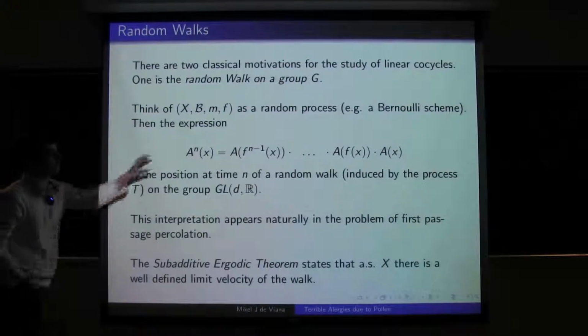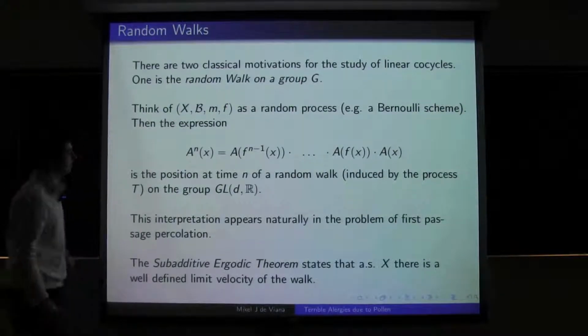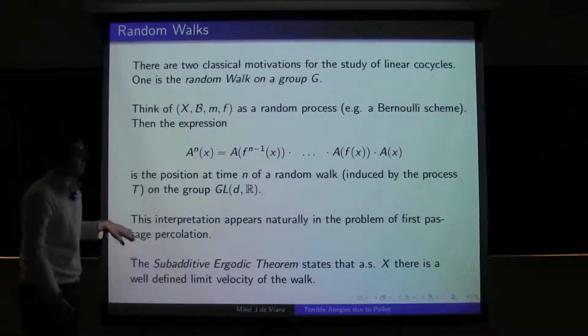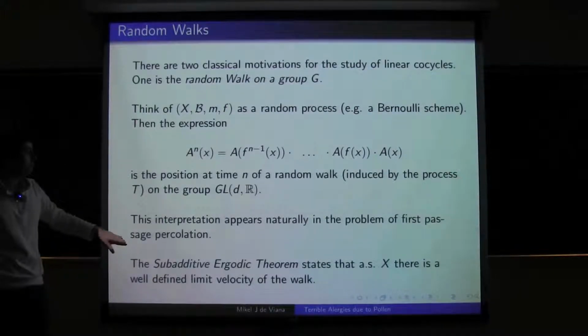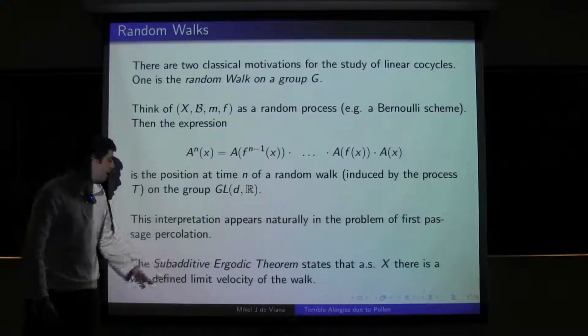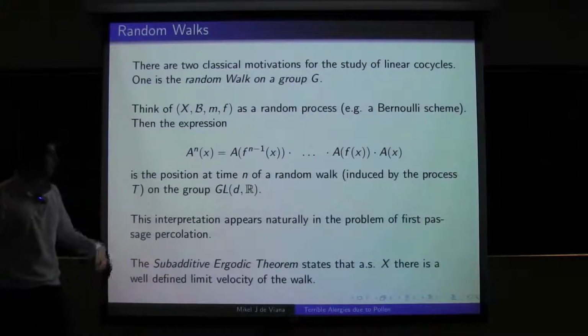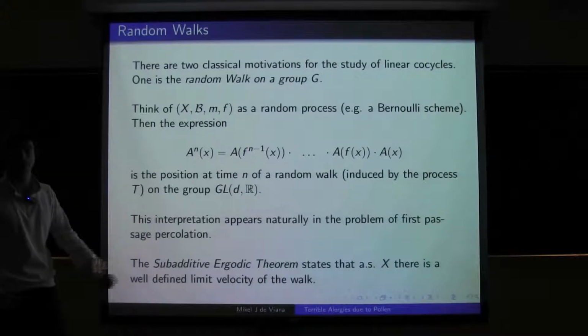So you think of this process indexed by n as a random walk. This interpretation is very important in first passage percolation, and there is an important theorem that states that almost surely in X there is a well-defined limit velocity of the random walk.